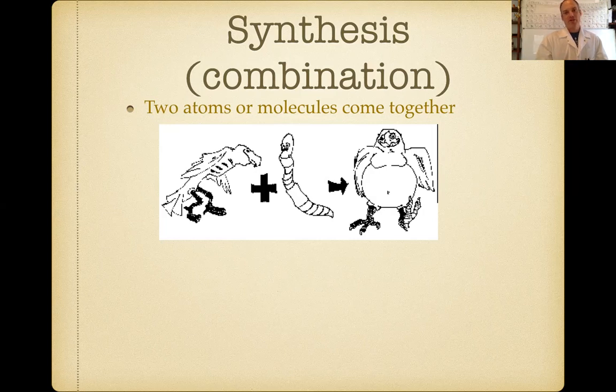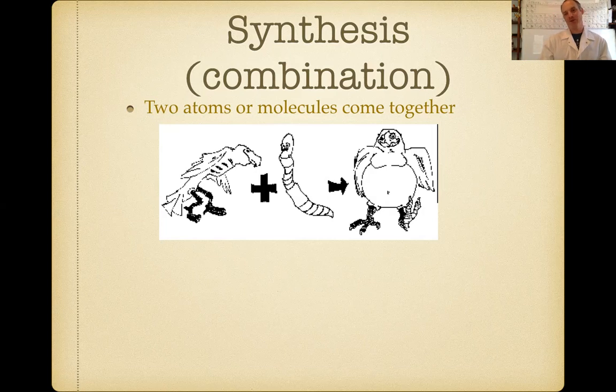So here is an image where we can see our reactants are a starving bird, and it sneaks up and finds this gigantic worm, almost the same size as itself, and it eats it up, and it becomes awkwardly obese, right?